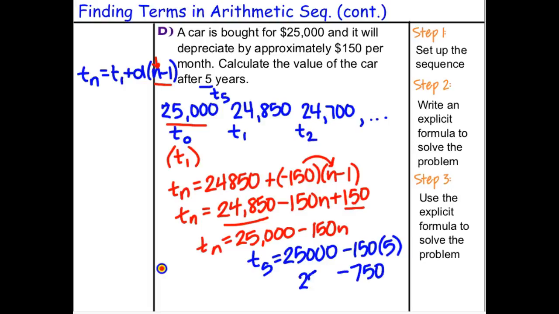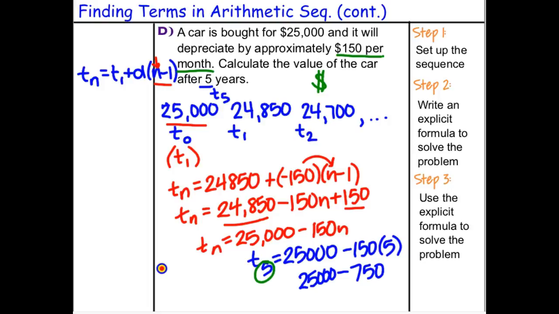So we got 25,000 minus 750. That means that my answer is going to be that after 5, one catch. Odd. How many of you noticed that it depreciates 150 per month? And we want after 5 years. So is our n really 5?